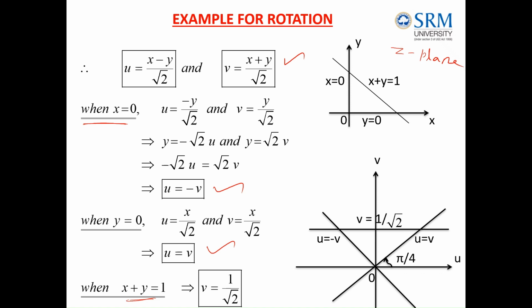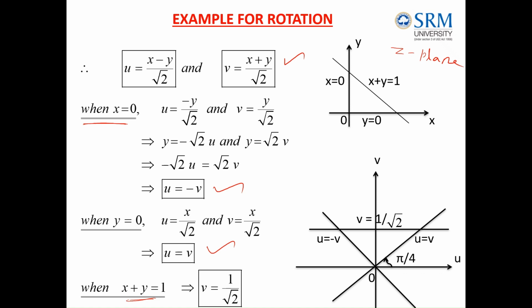So image of that is u equal to minus v, which is a straight line passing through the origin, negative orientation. u equal to v is a straight line passing through the origin, positive orientation. And v is equal to 1 by root 2 is a straight line which passes through the point 1 by root 2 on the v axis. So the triangle, if you see the image, it is a triangle but it is rotated through an angle pi by 4, because it is a straight line passing through the origin which makes the angle pi by 4 with the u axis.